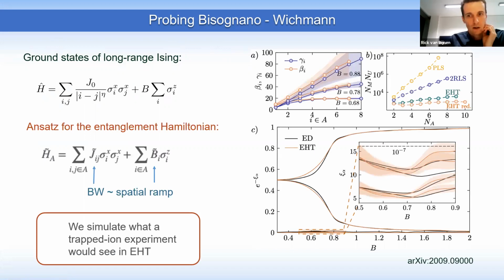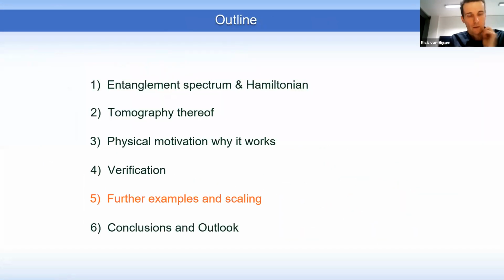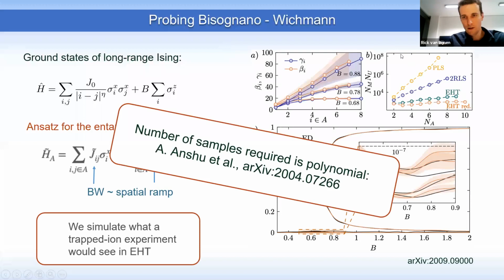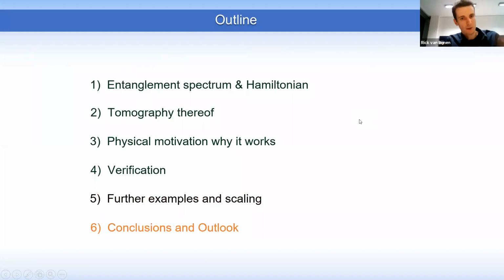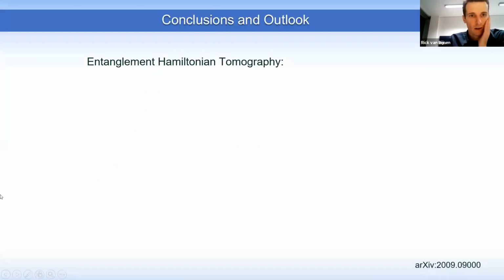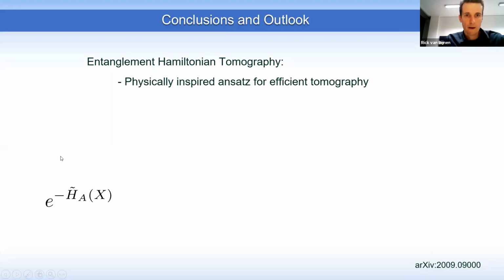Okay, so we saw also that the scaling is actually quite good. So this is a very efficient method. This brings me to the conclusions and the outlook. So we discussed entanglement Hamiltonian tomography, either tomography of the entanglement Hamiltonian or tomography using the entanglement Hamiltonian. Both views apply.